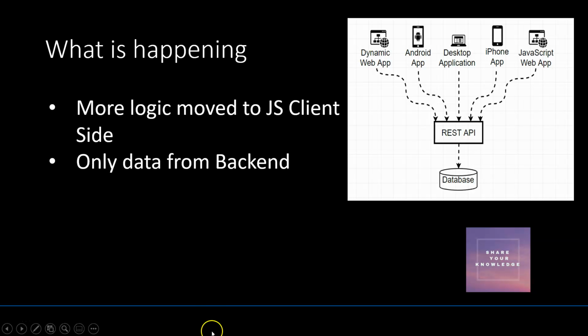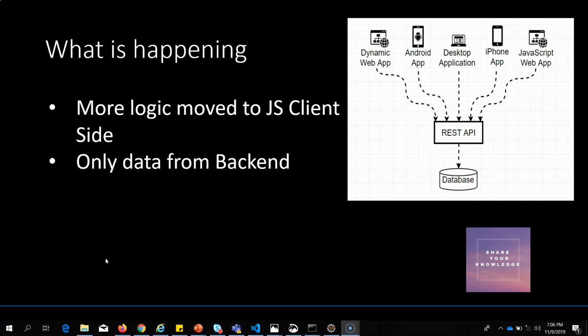This is what I have mentioned here. If you see the diagram, you will understand that there are many ways you can connect to that website. You can use a mobile app, an Android app, or you can access it from a tablet, anything. So now the server is constant, and the data is given through a REST API.